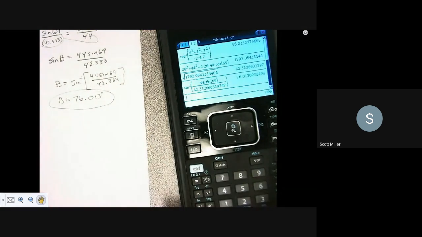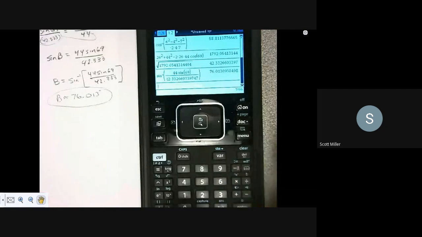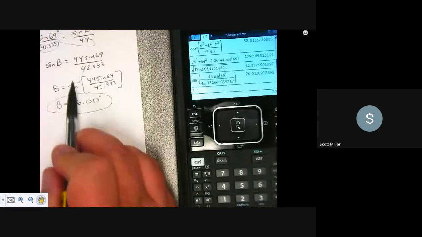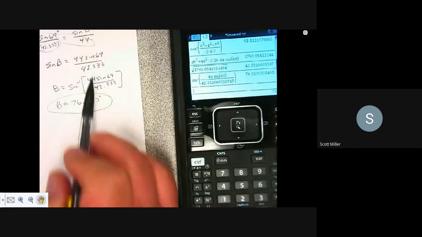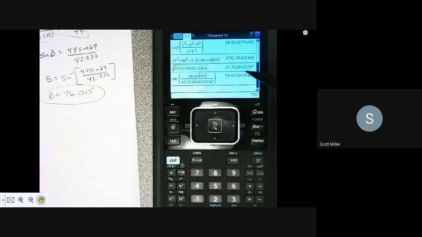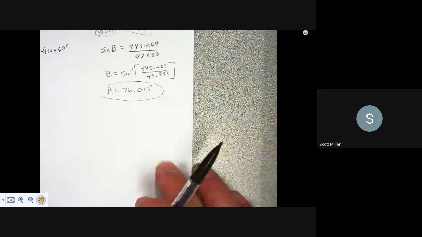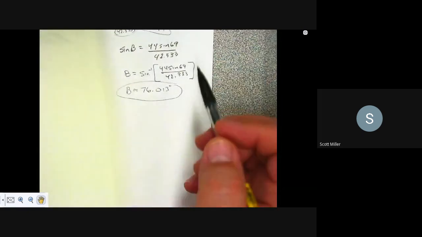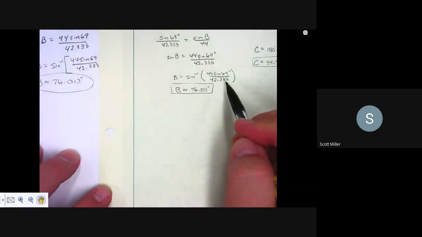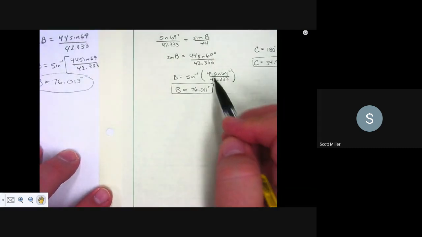Now, I'm going to show you something because I did this problem where I used this number exactly as it is, just like this. And then I showed you how I typed it in with the full and complete answer over here, and we got this answer. This is going to illustrate why you get that little error. If I just use this, this is the answer that you would get for B. When I typed it in originally in my notes, I used this number.